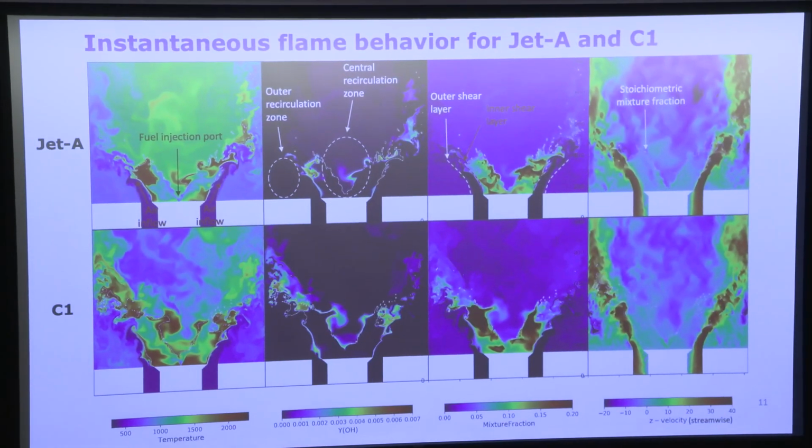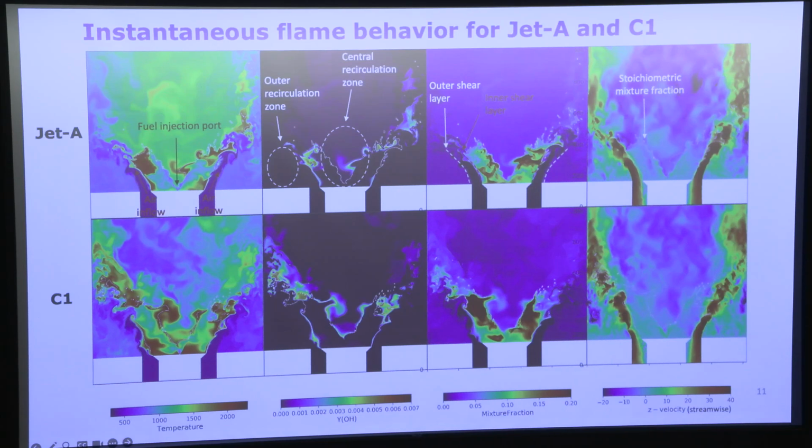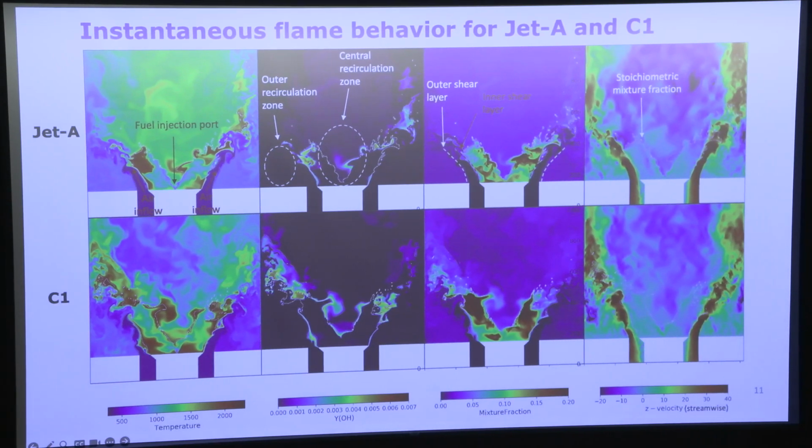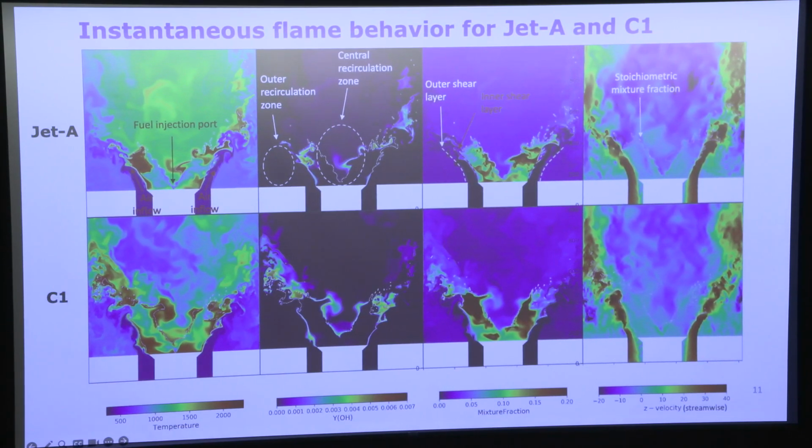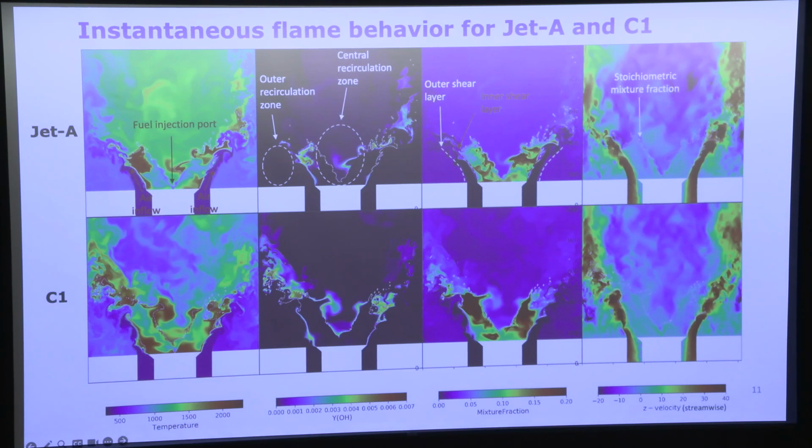And so when we look at just the instantaneous behavior for Jet A and C1, top row and bottom row, we see, again, the structure that I already described. For temperature, OH, mixture fraction, and streamwise velocity going from left to right for the two fuels.